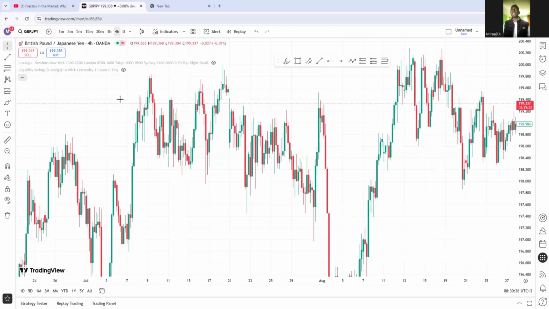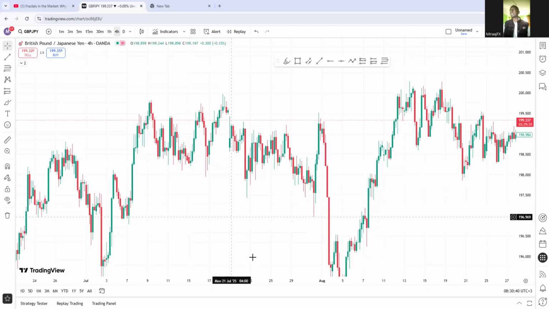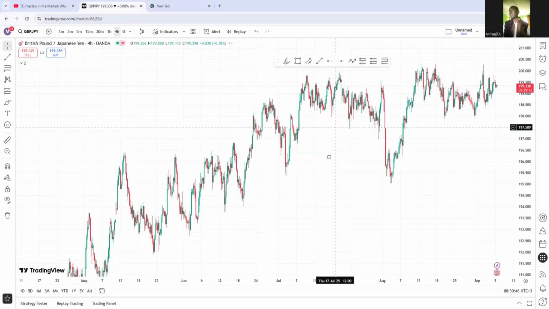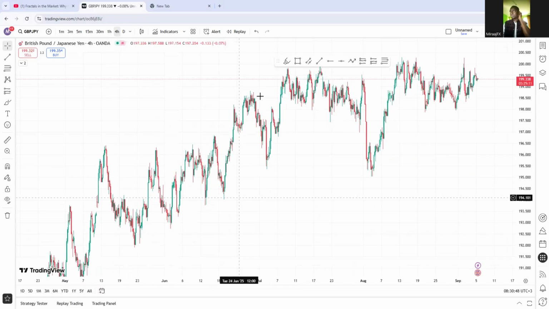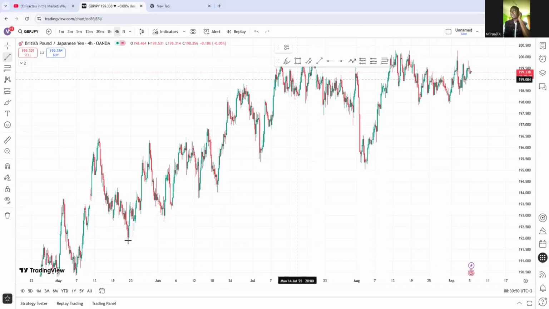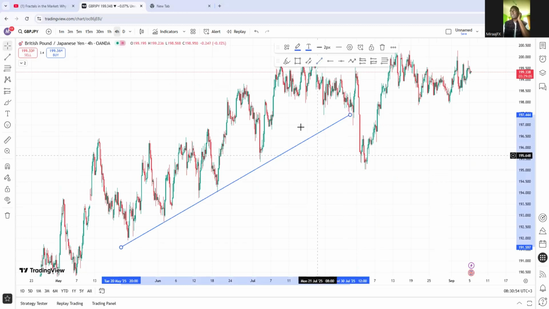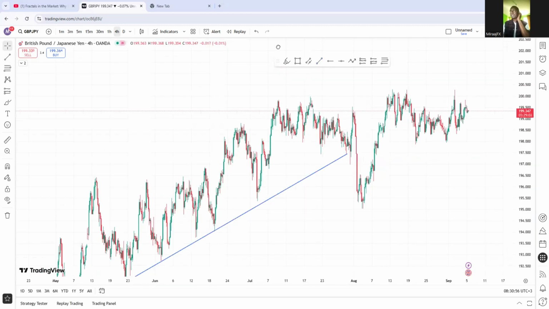So this is GJ on the 4-hour time frame, and when you look at this market carefully, you're going to realize that this market was actually on an uptrend from here, right? You can see this was a very nice structure from here. The market was giving us a very nice structure there.